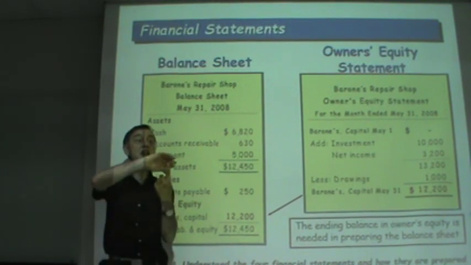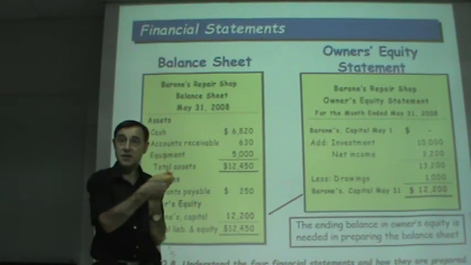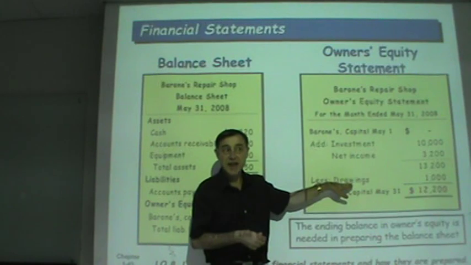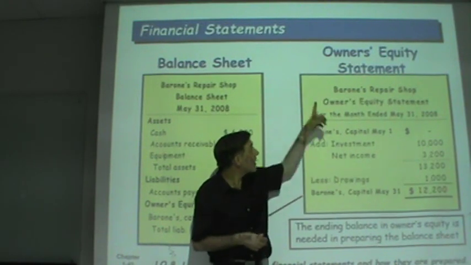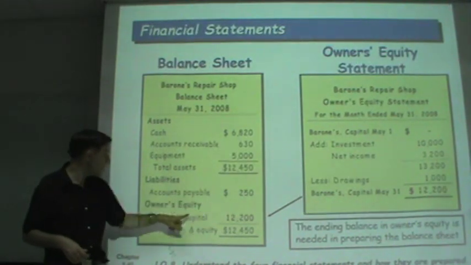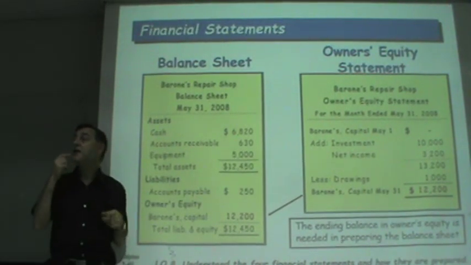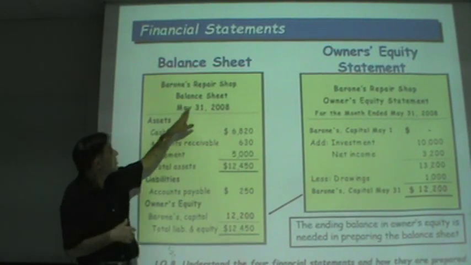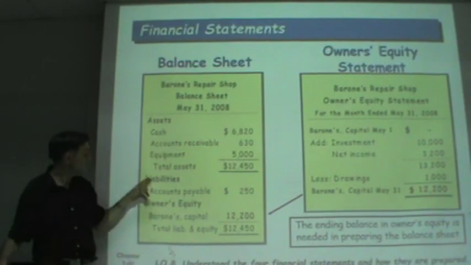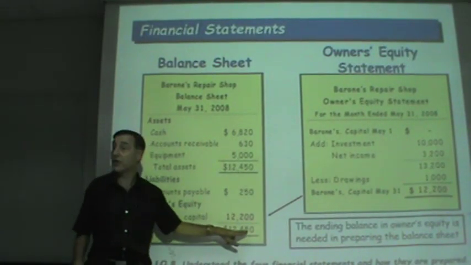You do first the income statement to get the net income, profit or loss. Then you create the capital statement or owner's equity statement. And when you get the owner's equity, you can create the balance sheet. And if everything's correct, the total assets, 12,450, must equal the total liabilities and equity, 12,450.